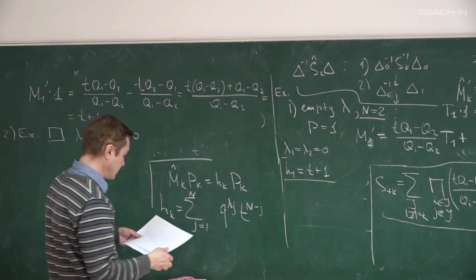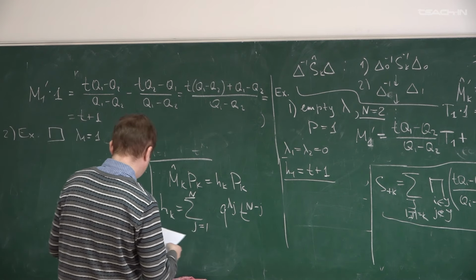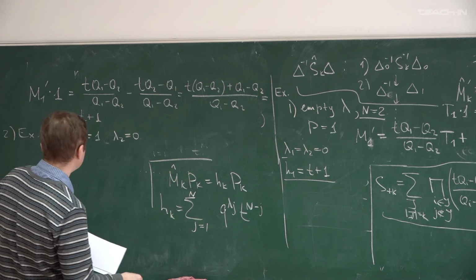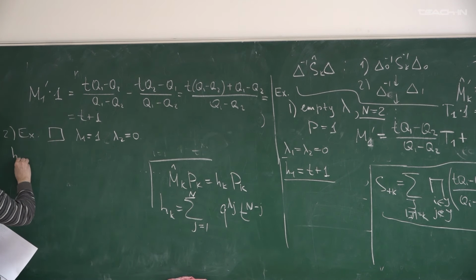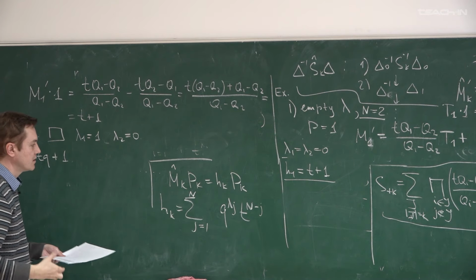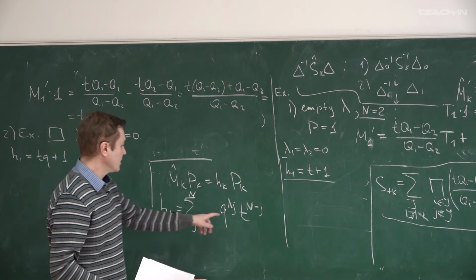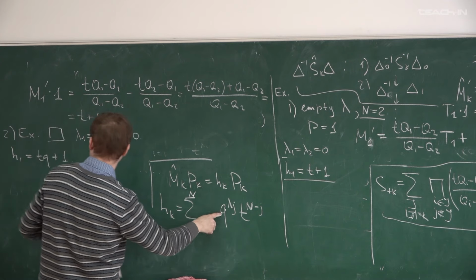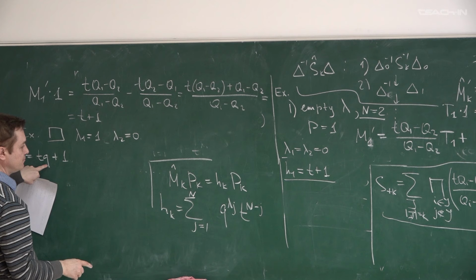In this case, we have this h1 equal to tq plus 1. Yes, because when lambda 1 is equal to 1, this gives you q.